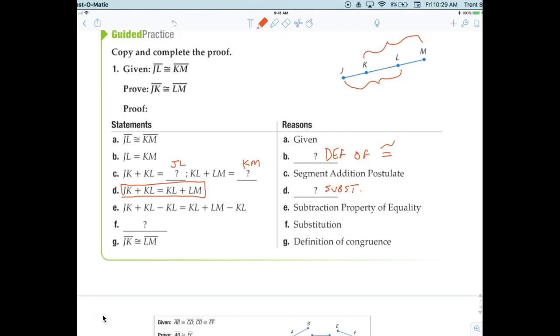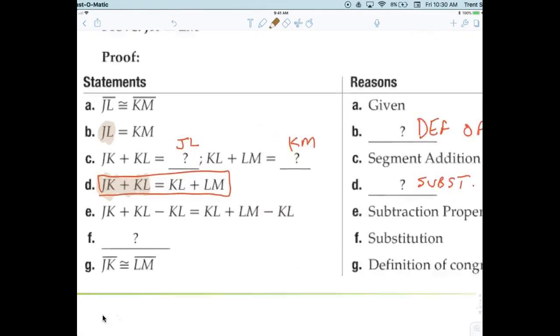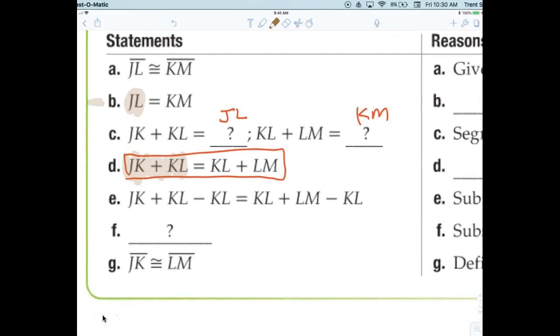Now, I want everybody to look right here, please. I'm highlighting JL. I'm replacing JL with what? Wrong, wrong. That's what I'm saying. I'm glad I'm doing this. Eyes up. You see this statement right here, statement B. You see this JL right there.